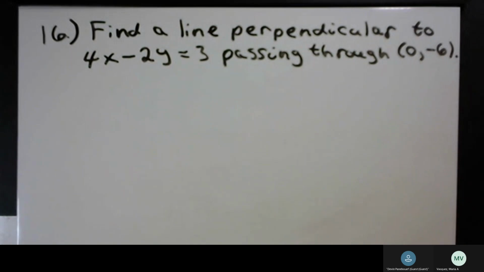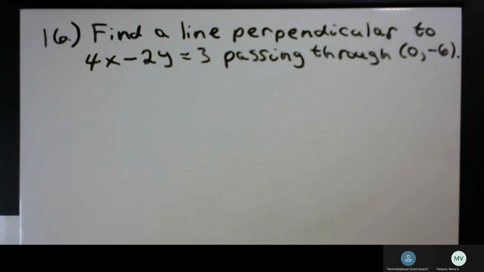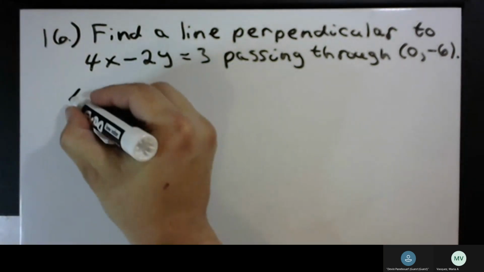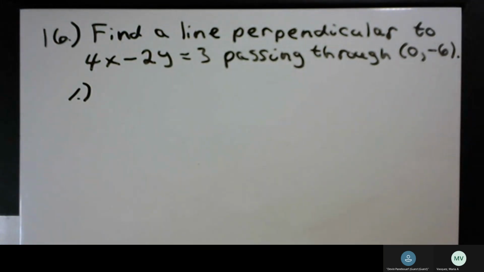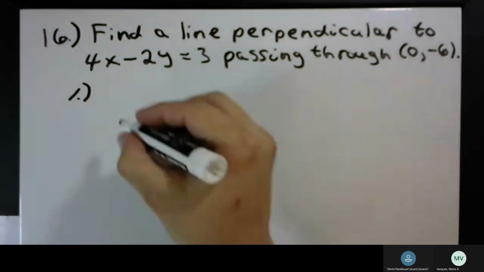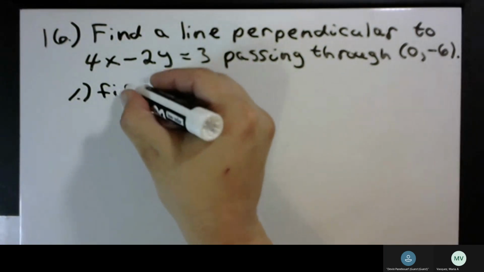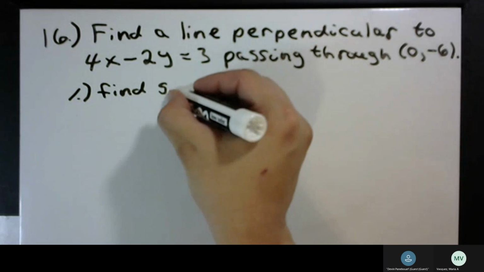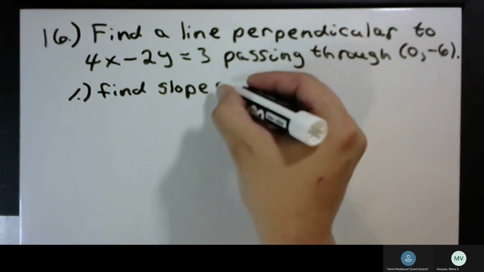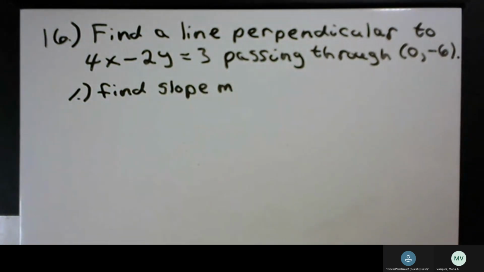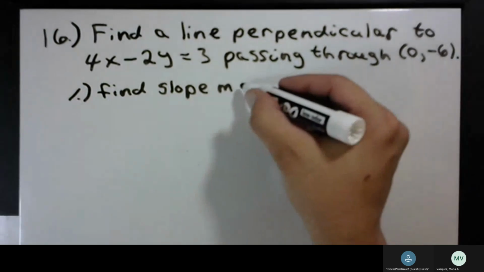And this one, we're going to do 3 things for this one. Well, first we got to find the slope of this line. So what I'm going to recommend is find slope m. And there's different ways you can do this. I'm going to put it in y equals mx plus b form.